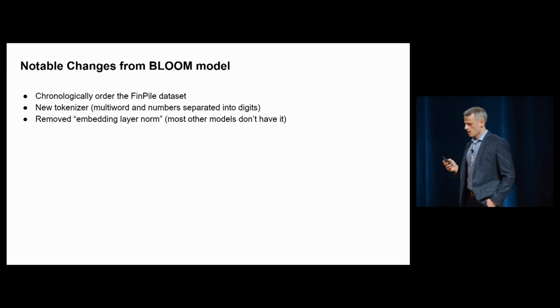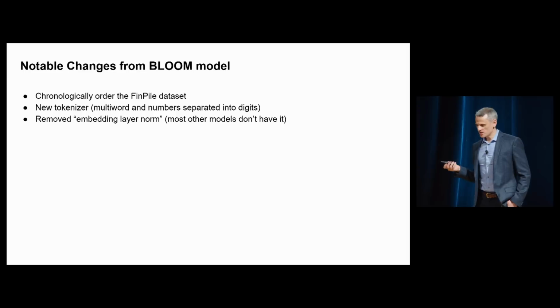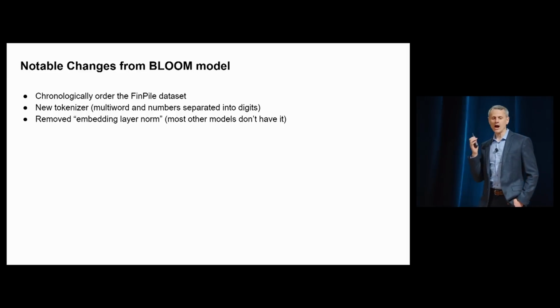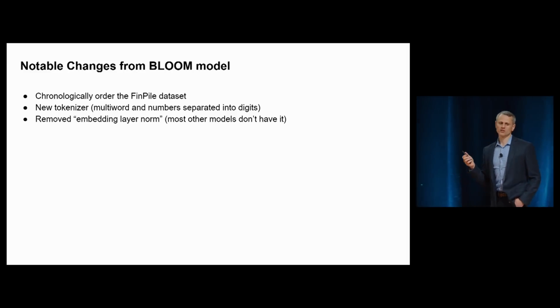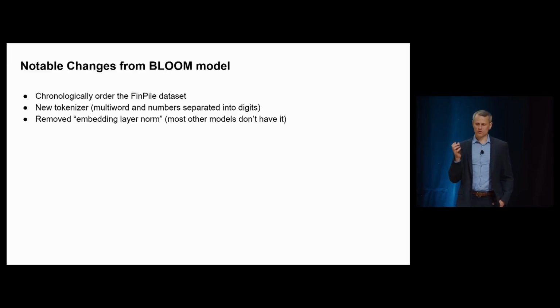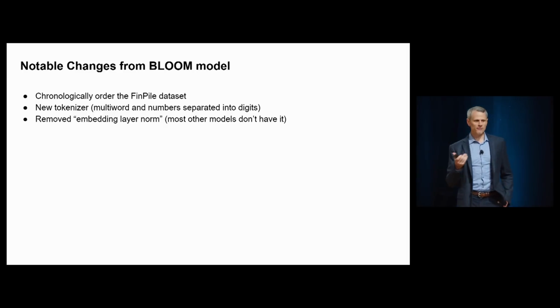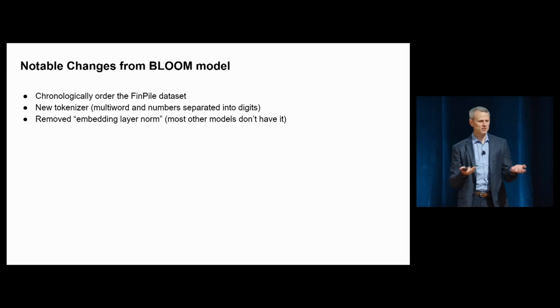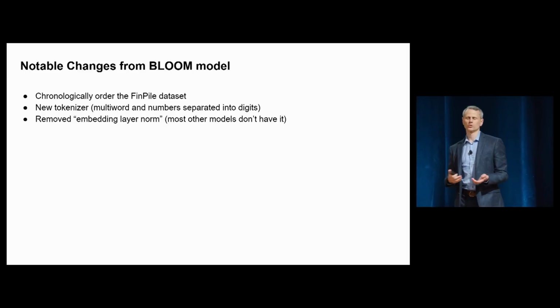OK. There are a few changes from the BLOOM model that we made intentionally, some that we made unintentionally. But one I'll highlight is that we noticed the FinPile data set, our internal private data set, every item is timestamped. And we thought, well, when we actually apply this model, it seems like the most relevant data in this training set would be the most recent, because we're applying it to current problems.